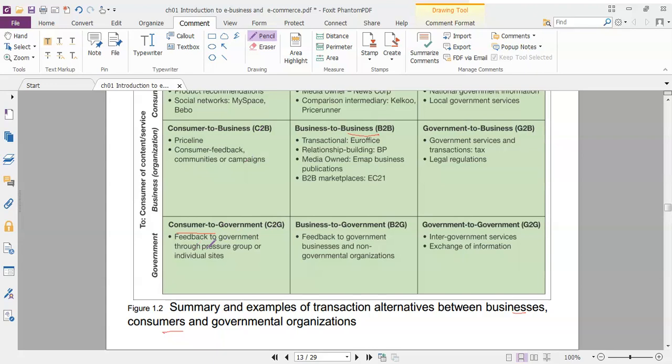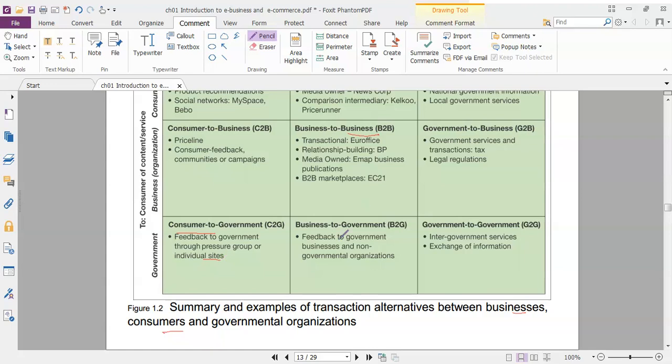What we can give the government is feedback, through pressure group or individual side. Feedback of any complaints, so that the government can improve their application or e-business or website. That can be very useful to the consumer.